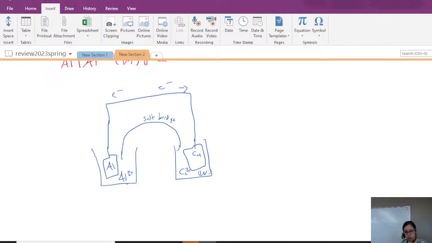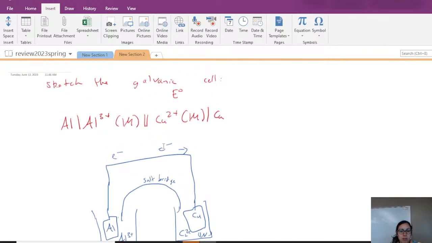And then, does anyone want to write what the reduction potential is on the board? Writing out our half reactions.